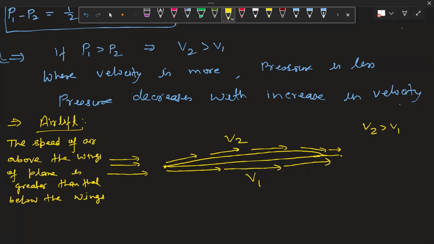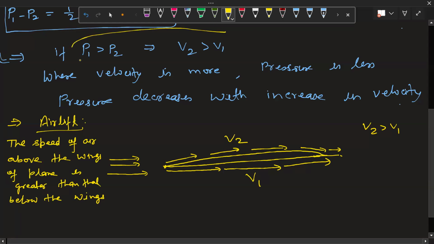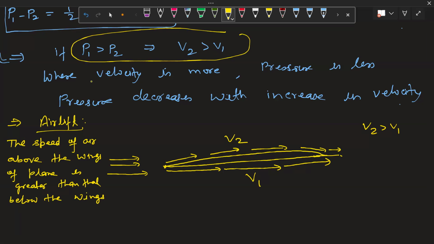And due to change in pressure, this concept we can apply, which says that if V2 is greater than V1, then P1 will be greater.